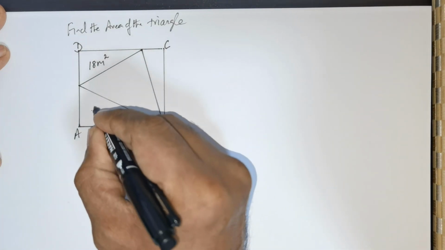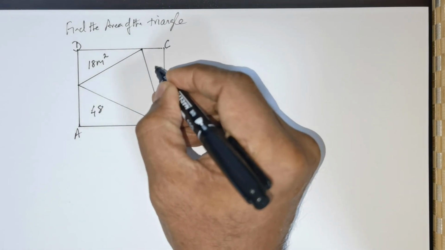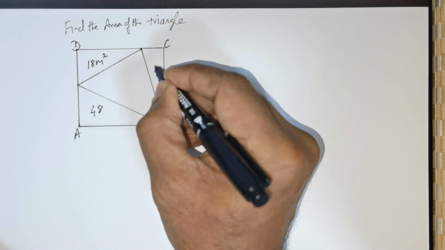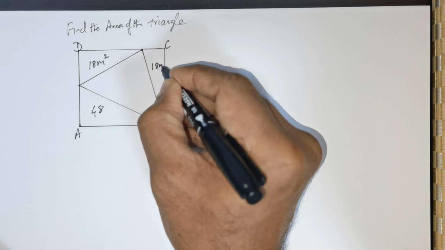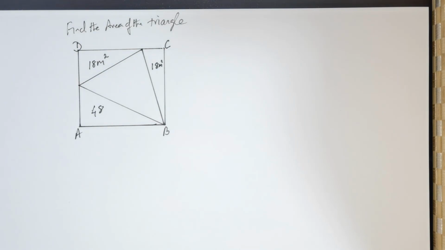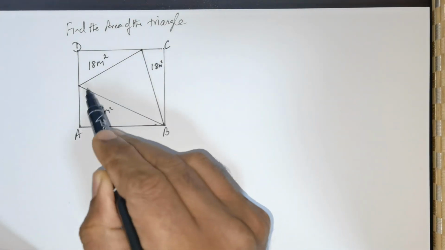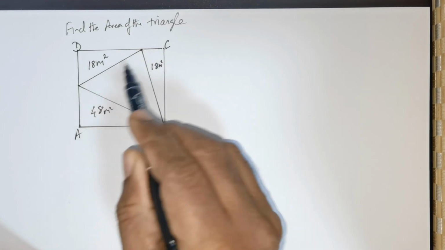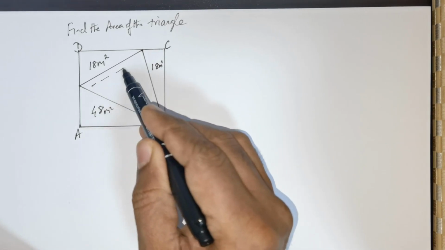The area is 18 there, the area is 48 here, and the area here is 18. Square meters, square meters, square meters. We are expected to find the area of this triangle. This is the shaded triangle.